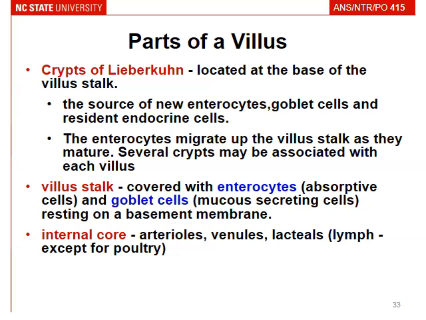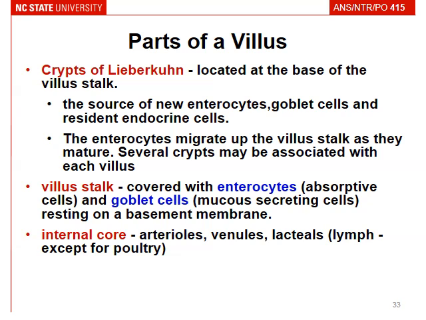And as the enterocytes mature, they migrate up the villus stalk. And you end up having multiple crypts that are associated with each villus.